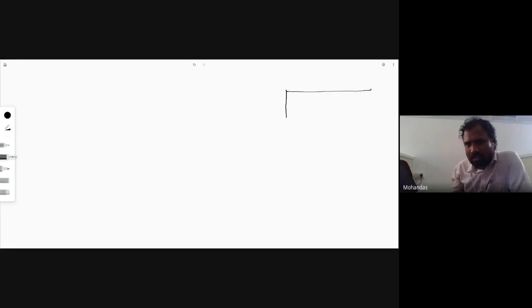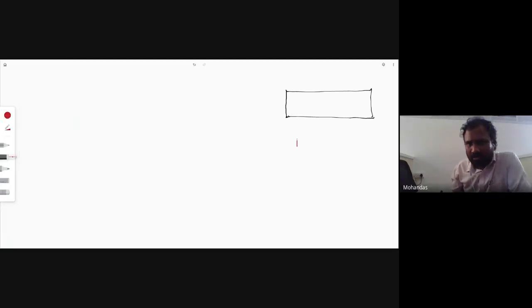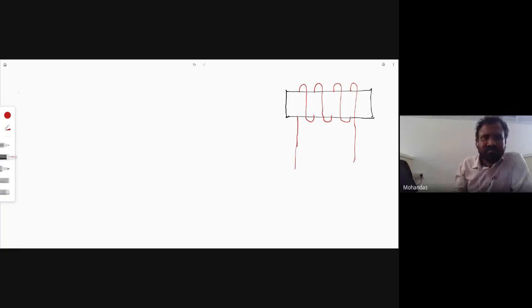This is a magnetic material, or core of a material. Example is a limb of a transformer. And here, this is the copper wire which is wound on this core. So this is called a solenoid.